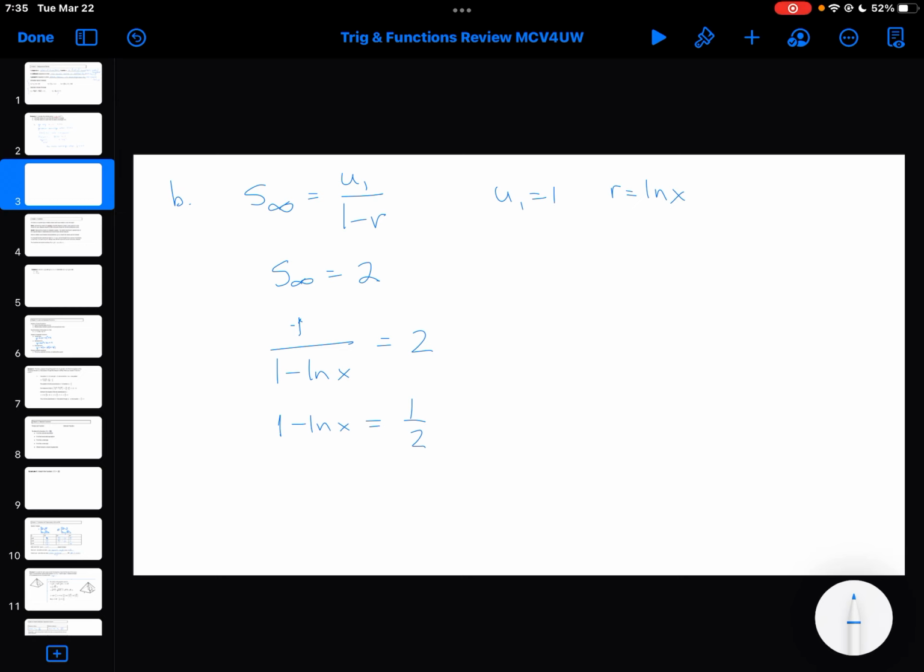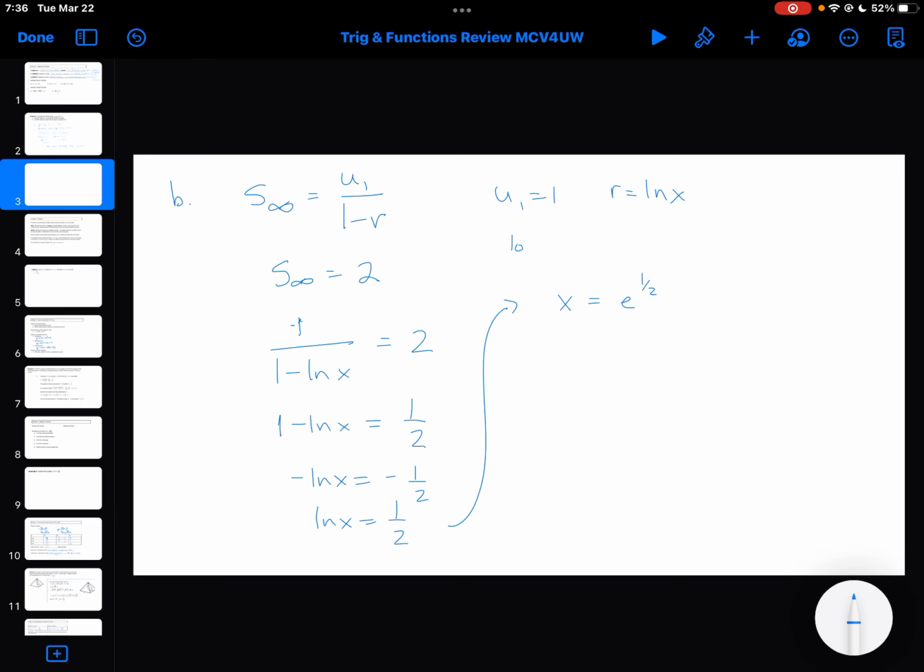So from here, I would get minus ln x equals minus a half, which would give me ln x equals a half. Using the same idea to change this logarithmic equation into an exponential equation, I'm going to rewrite this as x equals e to the 1/2.